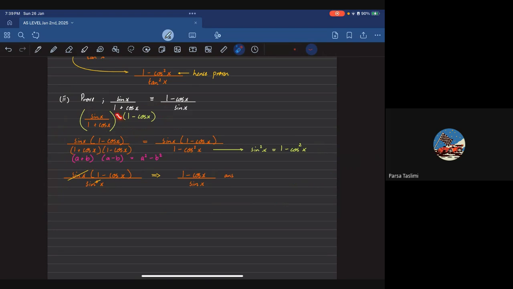So I multiplied it with 1 minus cos x to get some sort of traction, and from there on out I simply used my algebraic manipulation skills. Clear? This was just algebra.